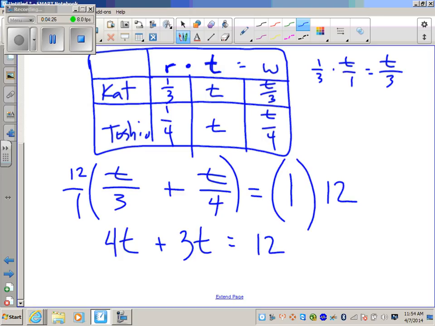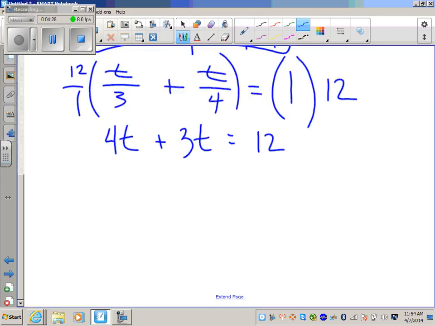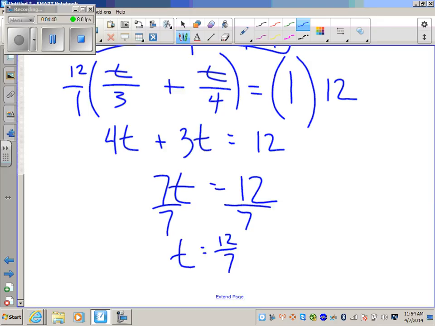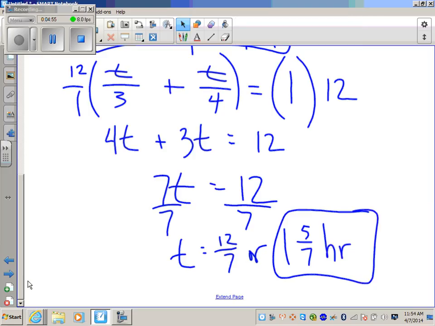Can I simplify? 7t is going to equal 12. Divide both sides by 7. T equals 12/7, or for this, they wouldn't mind if you simplified a little bit. Okay. So if they work together, it'll take them less than 2 hours.